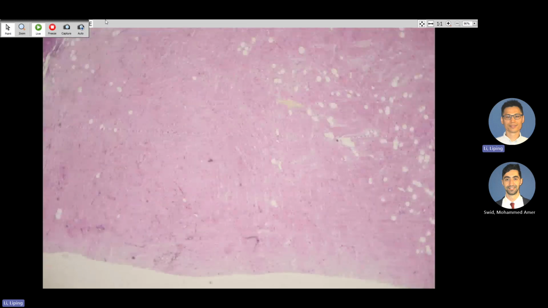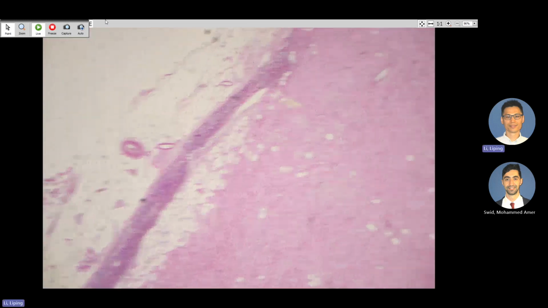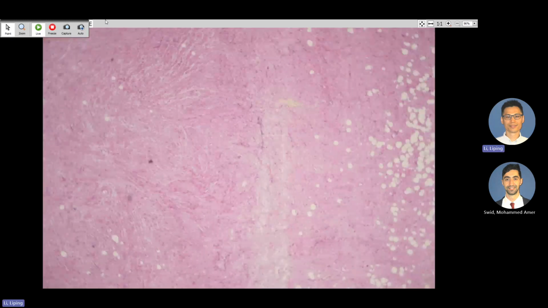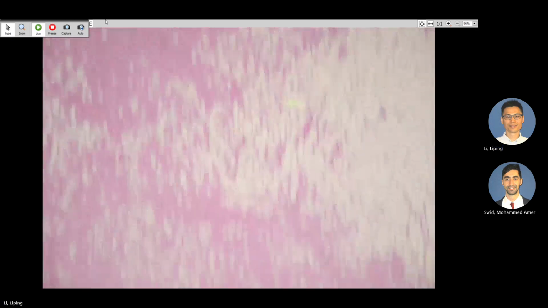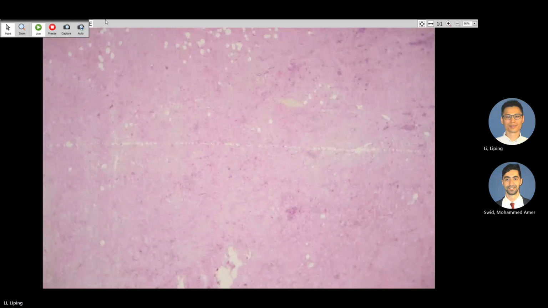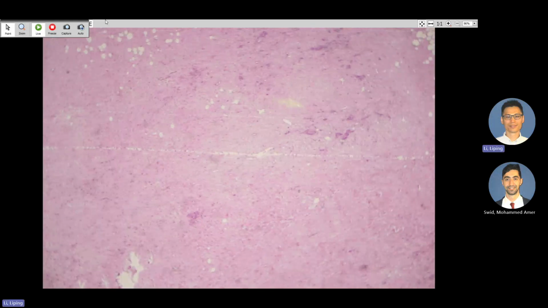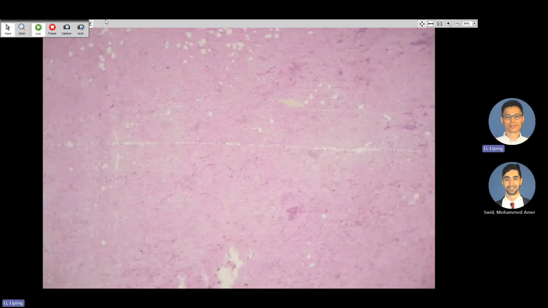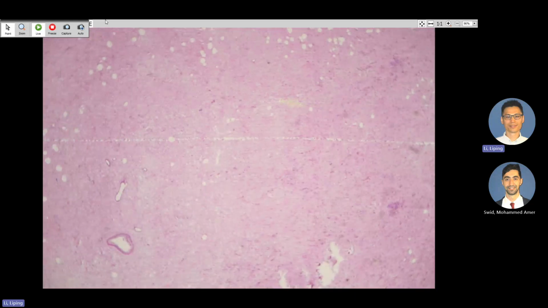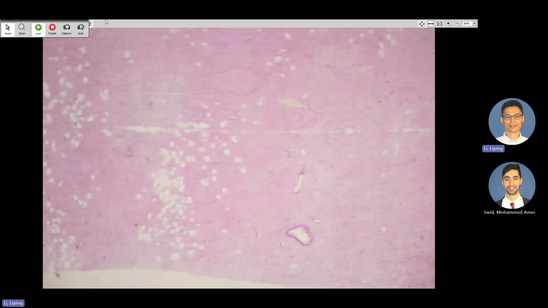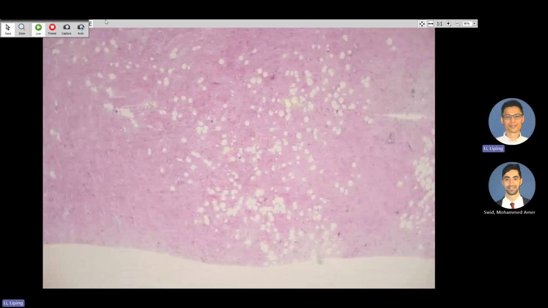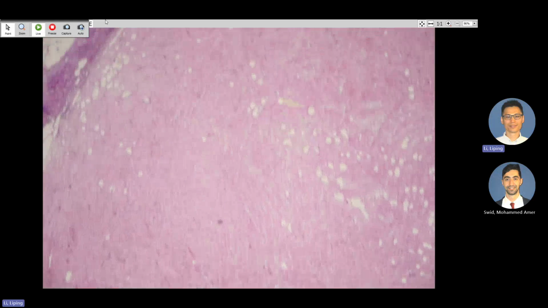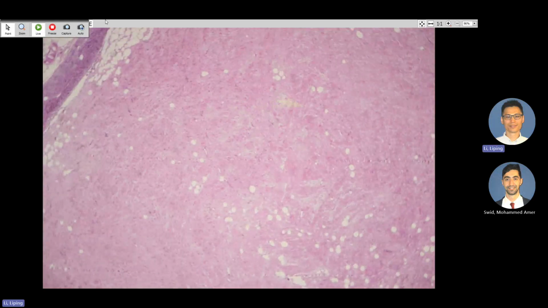And clearly when you go through the slide, it is more than 50% of this stroma. If you didn't know you were in the adrenal gland, you might think, oh, maybe there is a schwannoma or something like this. But when you know you are in the adrenal gland, you are trying to hunt for something else.